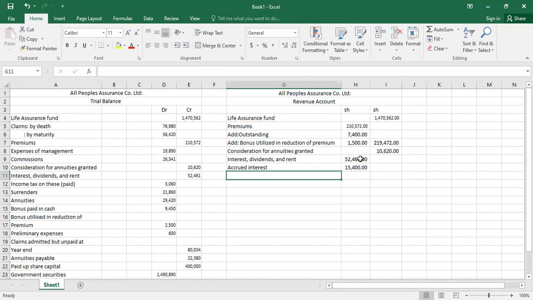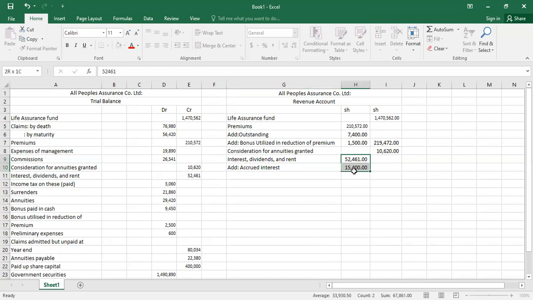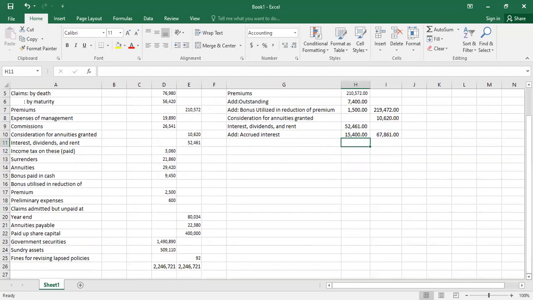If you add the two, I should have indicated here I'm adding. If you add the two, you get 67,861. We go on. Then the other item that is appearing in the list, all these are credits.